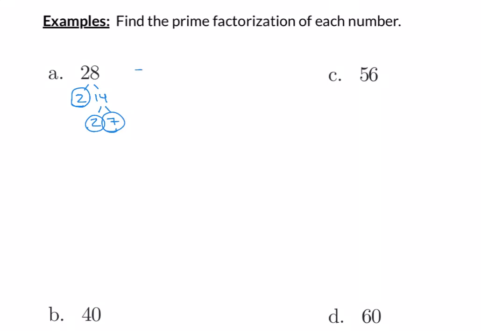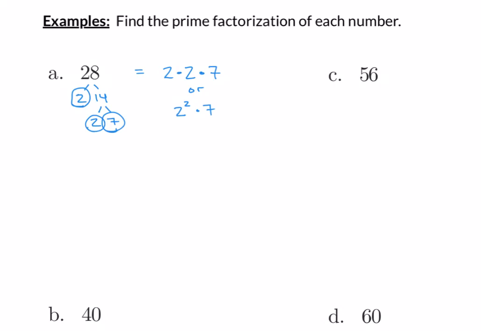Now that I cannot factor any further, I can go ahead and write this out as a multiplication problem. I am only going to keep the numbers that I circled. So we get 2 times 2 times 7. Now one thing that is allowed is you can write this with exponents. So for instance, I can write this as 2 squared times 7.